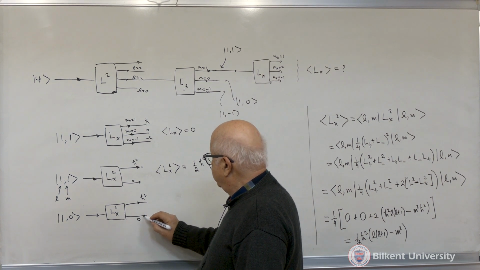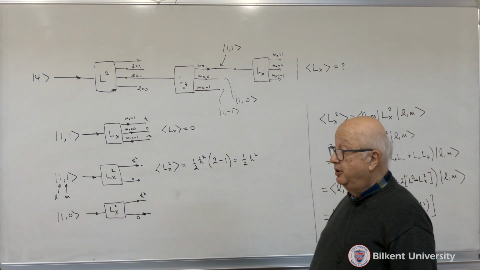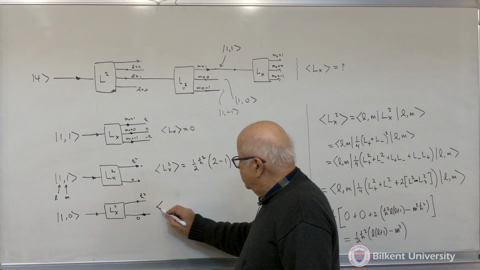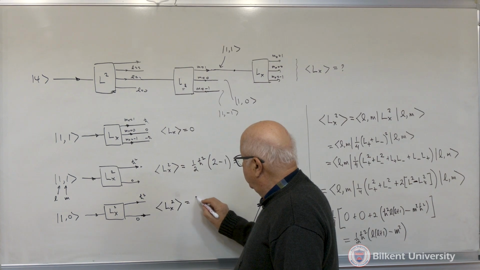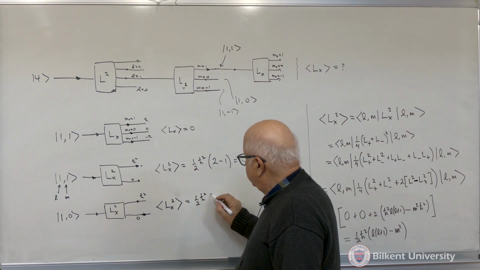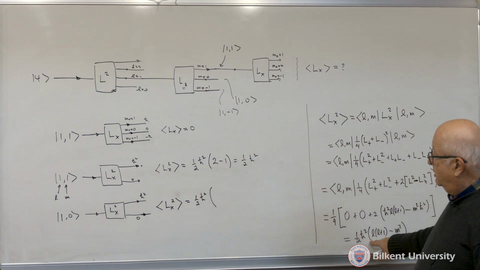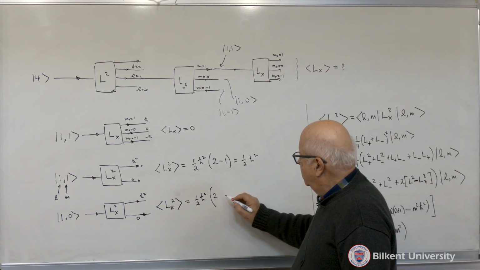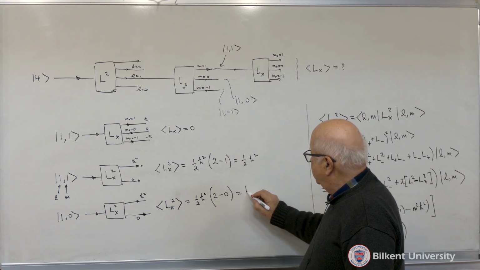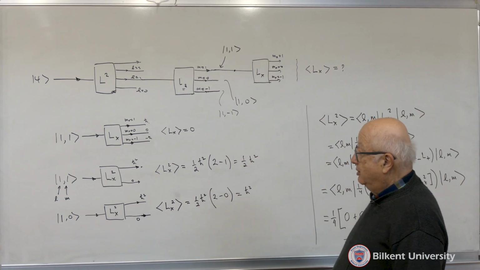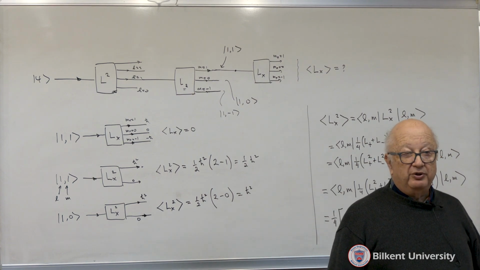Those are the two possibilities as a result of this measurement. Now, what do I get in this case? Lx squared is equal to 1/2 h bar squared times, so this part is the same, 2 minus 0. L(L plus 1) is 2 minus 0. So now I get h bar squared, a larger possibility for h bar squared.